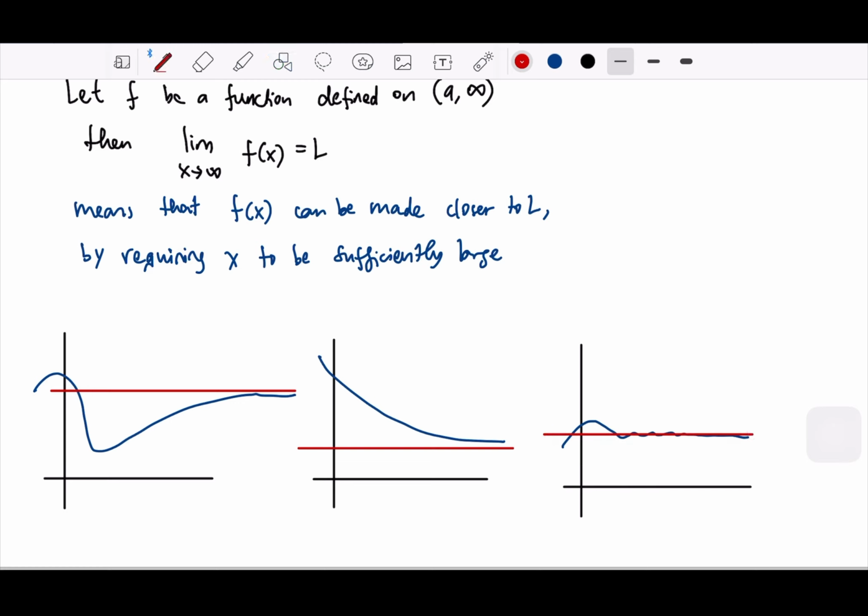There are several examples of how the visuals will look. For example, maybe the left part has fluctuations, going up and down, but eventually when it goes right, it goes to some value, and we can say this also has the asymptote here, as x approaches infinity to the right. Also here it decreases, but it stops and then goes to some fixed constant value, and that is the asymptote.